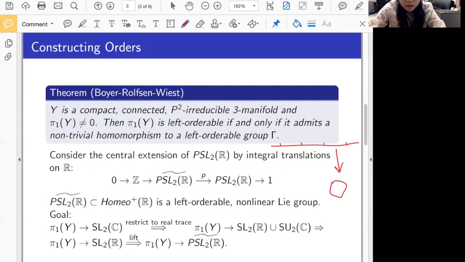Okay, so now we can start from a non-trivial representation from the fundamental group to SL2C, and then we can restrict to images with real traces, and then we get representations of the fundamental group into either SL2R or SU2, and then we can pick those representations that are actually SL2R, and if we are lucky, then we can lift this representation to PSL2R tilde, and then we get a non-trivial representation of the fundamental group into PSL2R tilde.